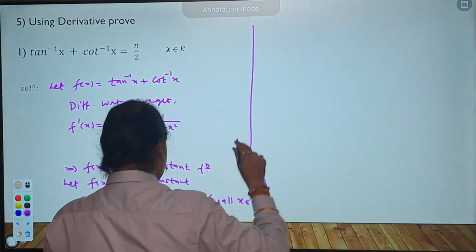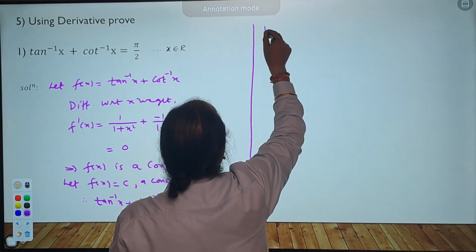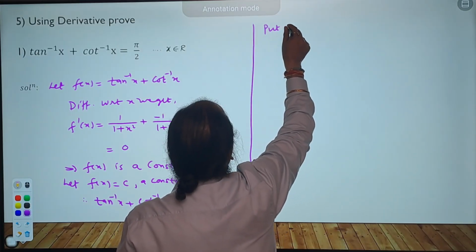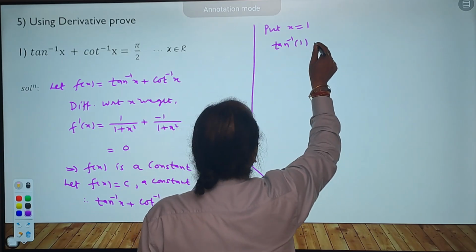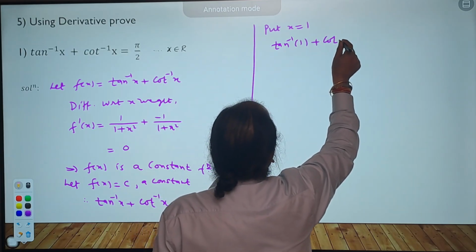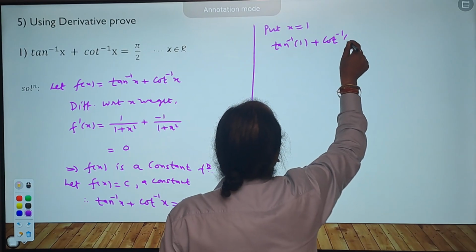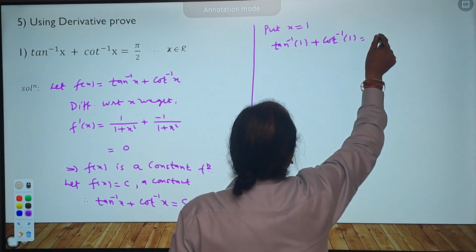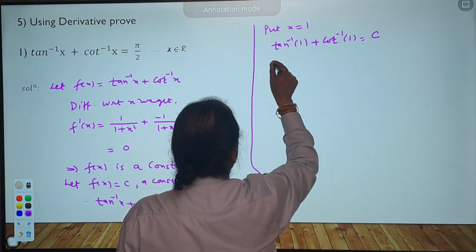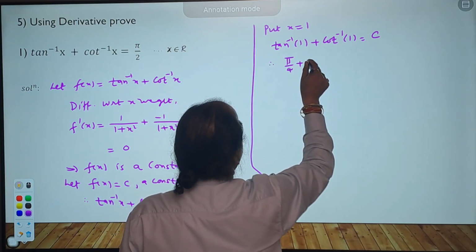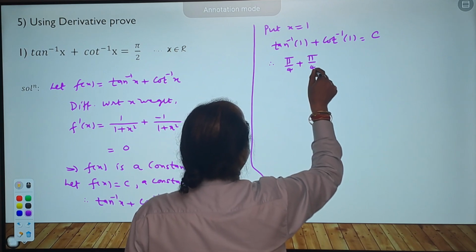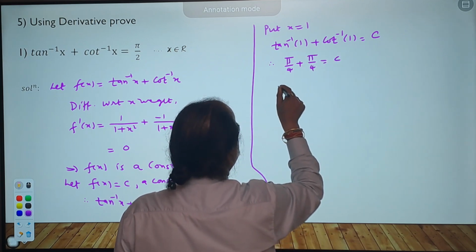Put x is equal to 1. Tan inverse 1 plus cot inverse 1 is equal to c, pi by 4 plus pi by 4. So c is what?